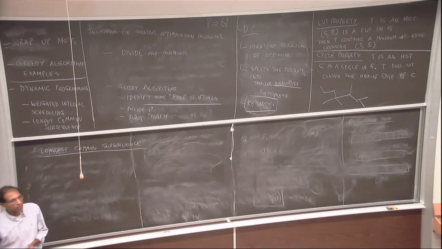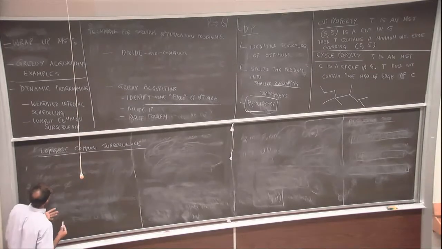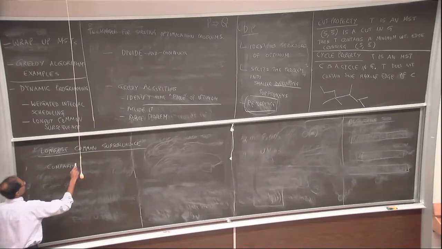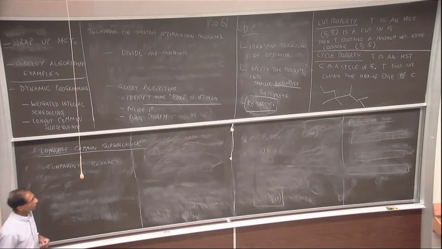There are many problems dealing with strings, where you're trying to compare 2 strings and arrive at some structure or commonality between them. One variety of problems, for example, looks at comparing genomes, or comparing 2 strings of DNA and trying to see whether they look very similar to each other.